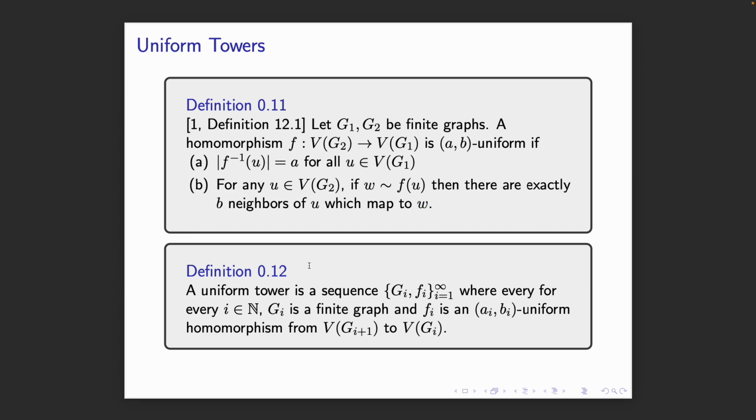And so the nice thing about a uniform tower is that it's almost like an inverse limit. It's a sequence of graphs with these homomorphisms, except there's no i's and j's. The homomorphisms only go from i plus 1 to i.